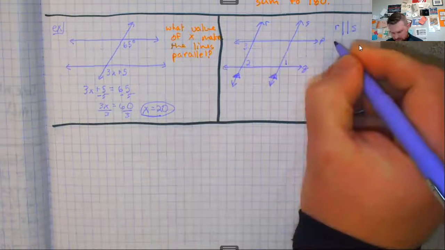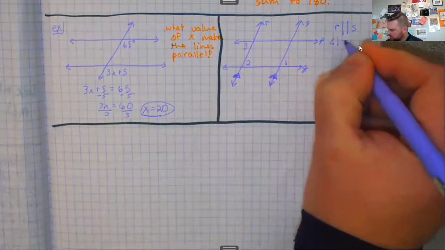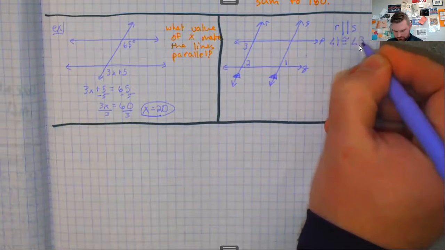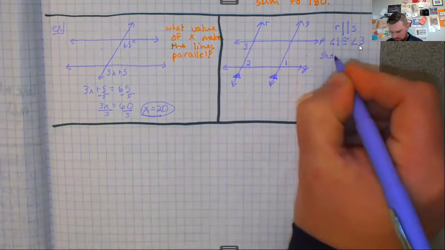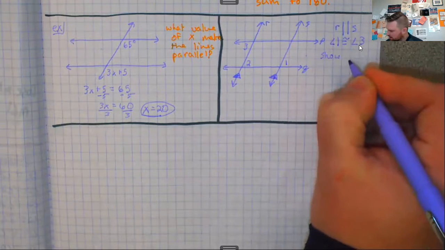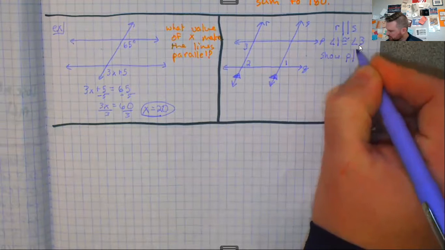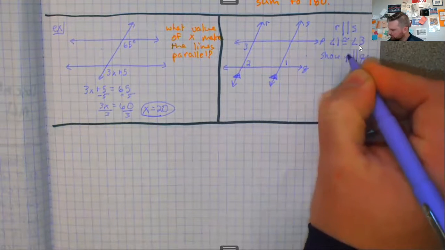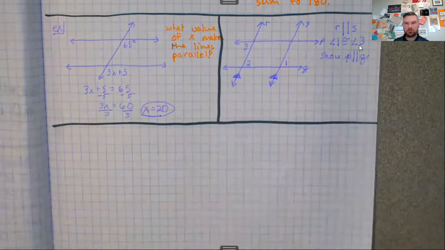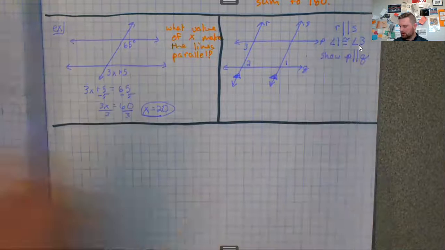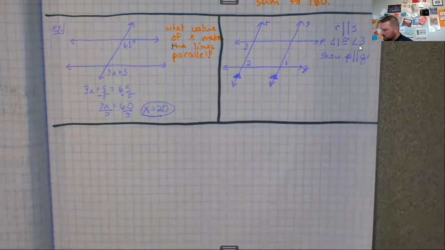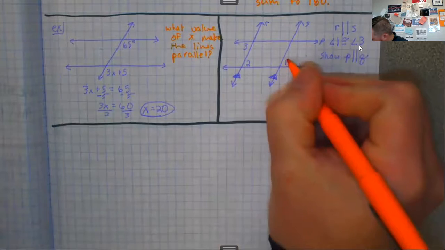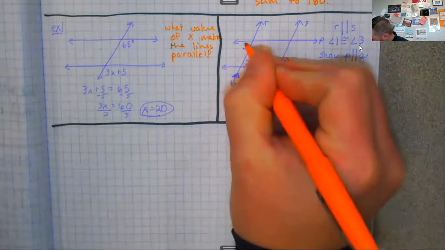They also say that angle 1 is congruent to angle 3. Show P is parallel to Q. So we're proving that these two lines are parallel.